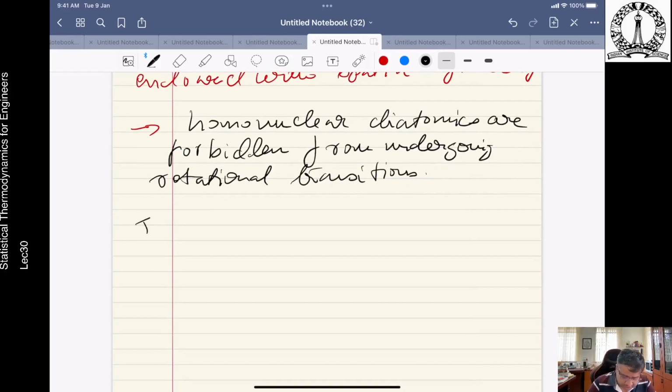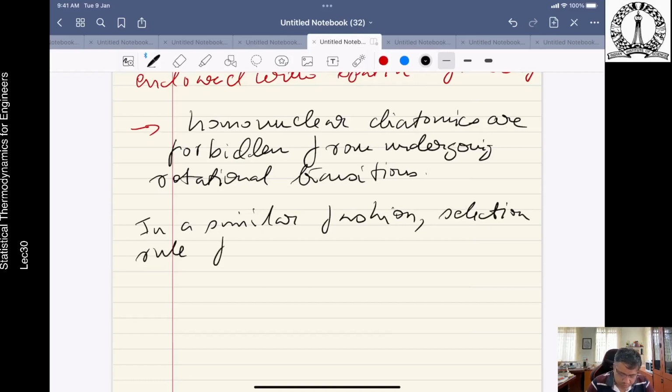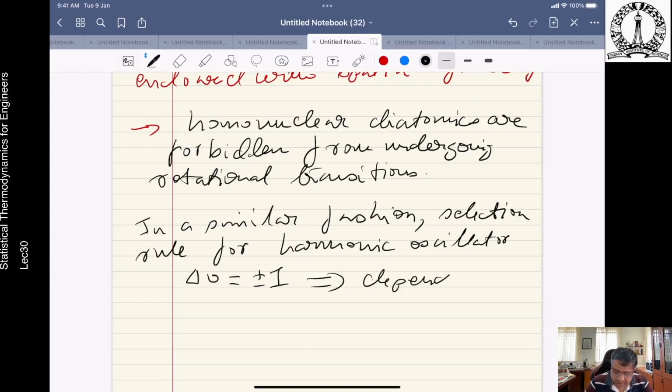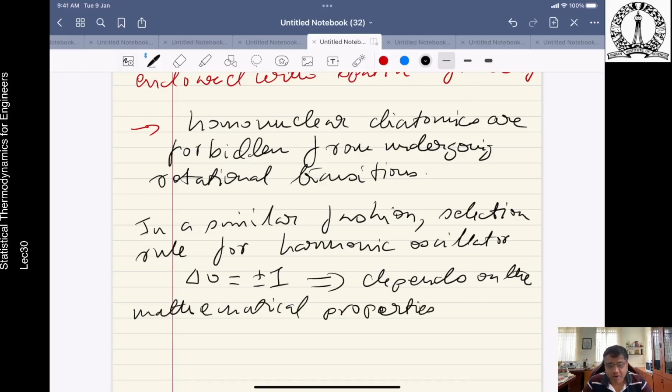In a similar fashion, the selection rule for the harmonic oscillator gives delta v equals plus or minus 1.